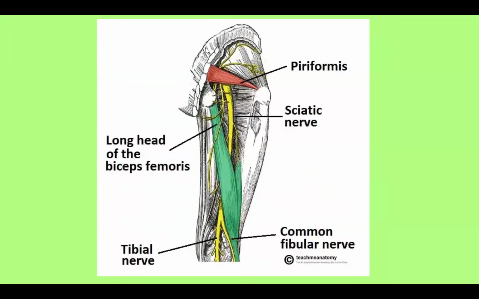It starts high up in the buttock region and descends down, and you can see here it is comprised of 2 nerves, and then just above the popliteal fossa, it bifurcates and continues as the posterior tibial and the common peroneal.